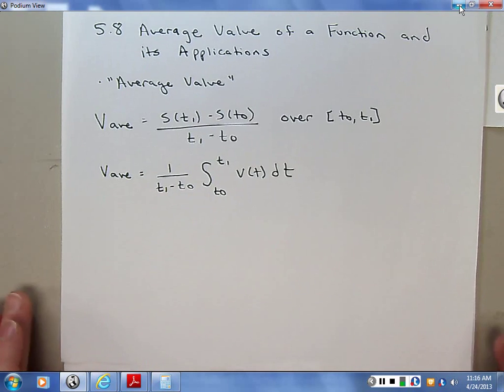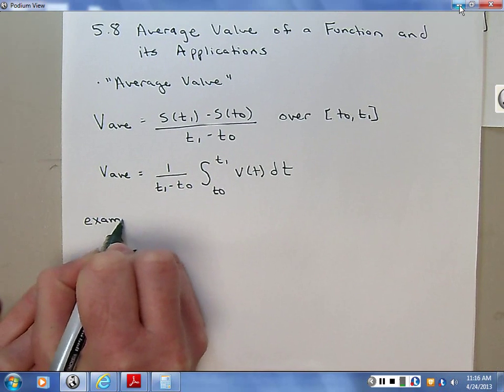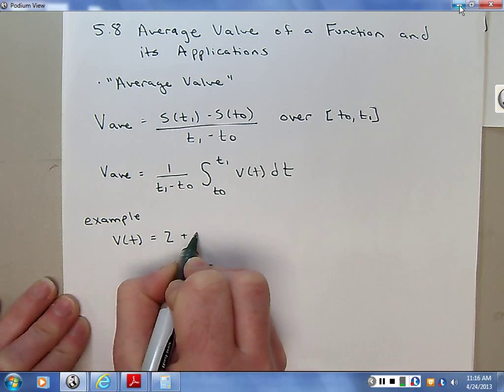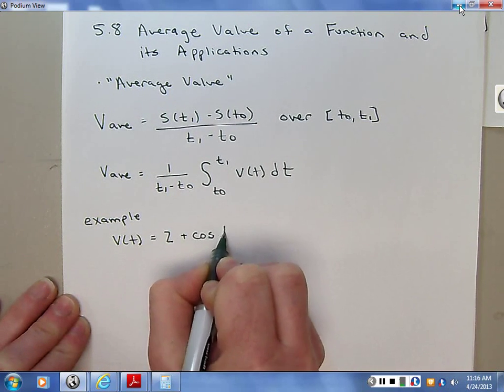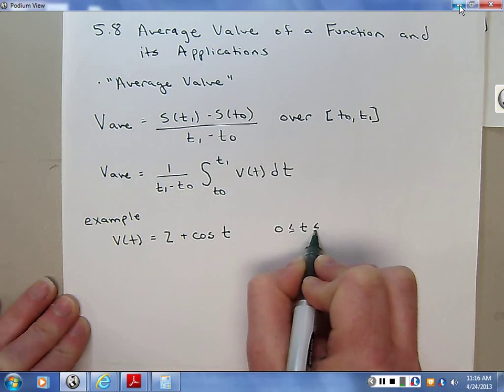So if we look at a quick example, the velocity function is 2 plus cosine of t from 0 less than t less than or equal to pi.